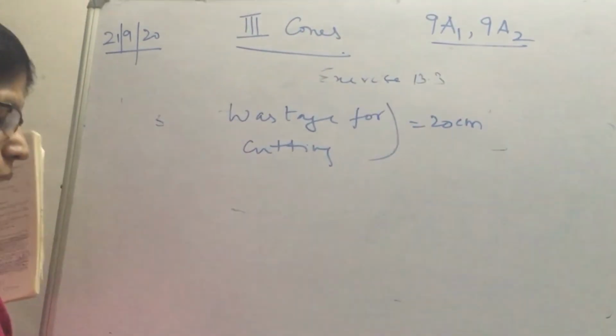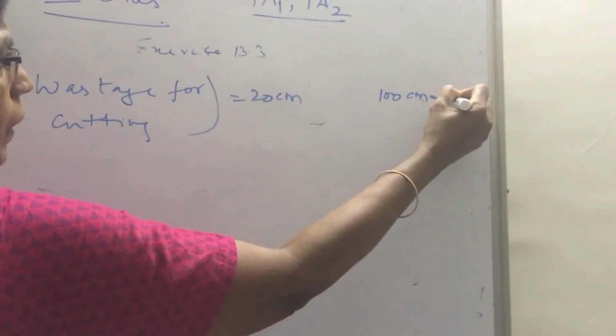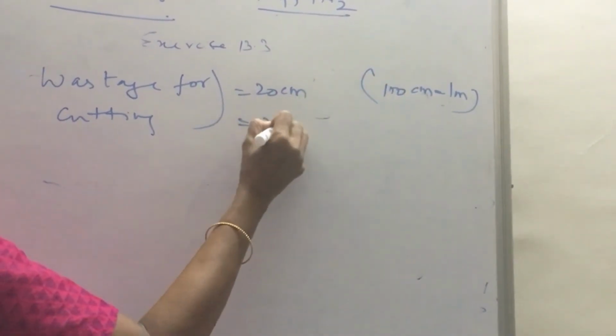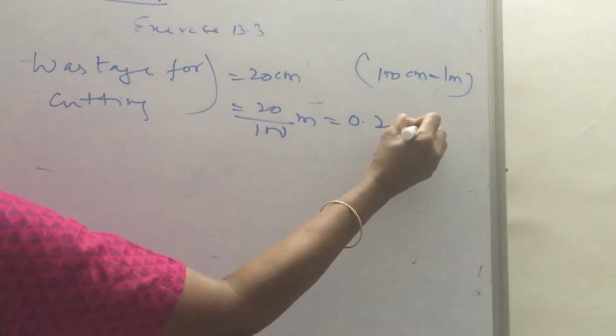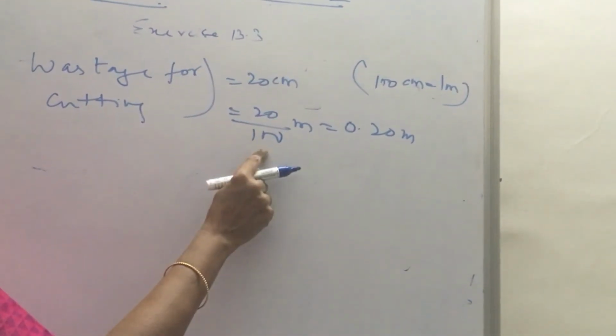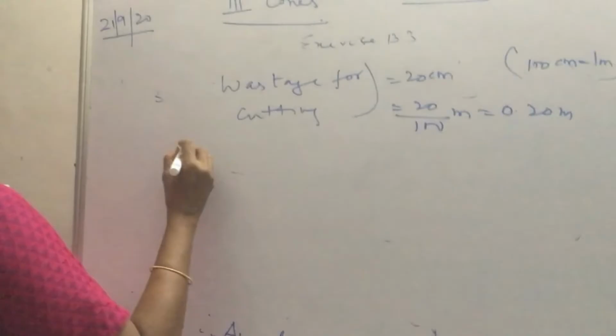As this length is in meters, convert the centimeters to meters. Centimeters to meters, children, divided by 100. In 100, how many zeros? 2 zeros. 1, 2, 0.2.